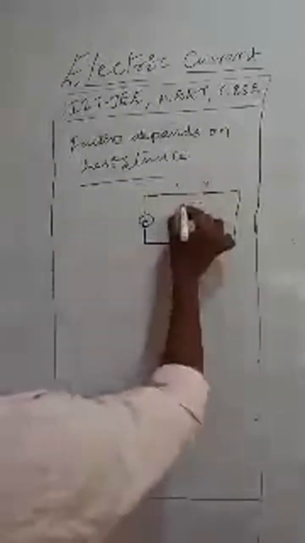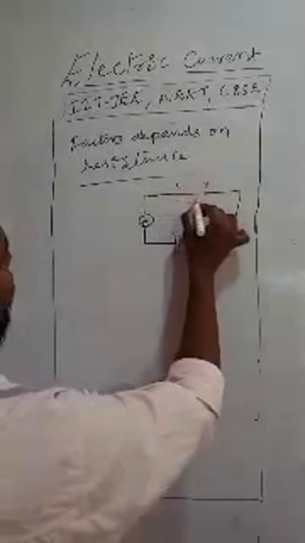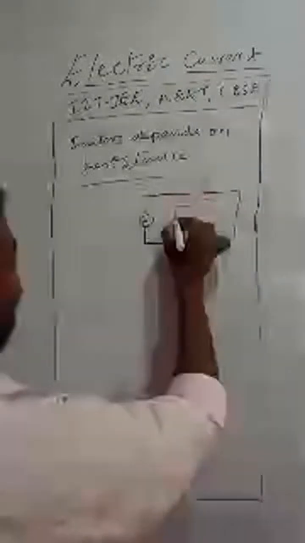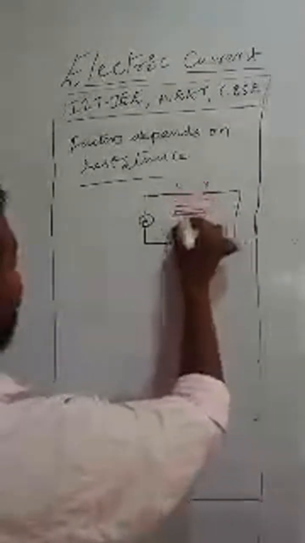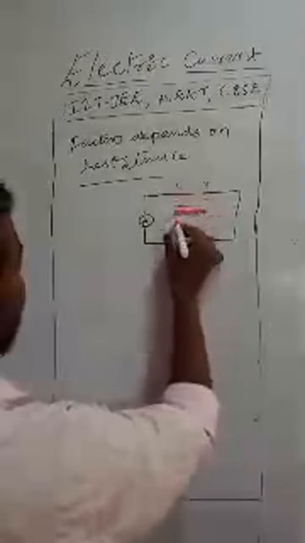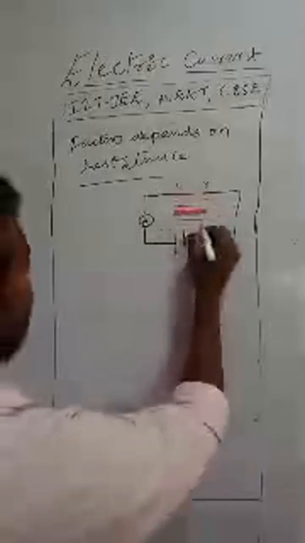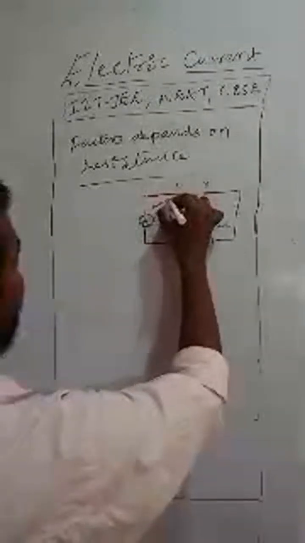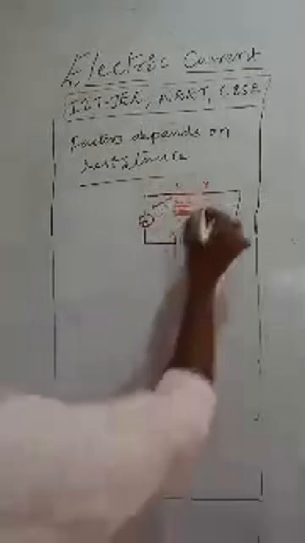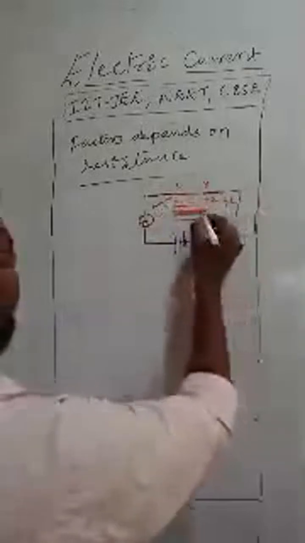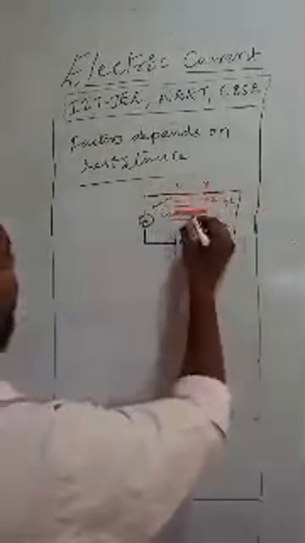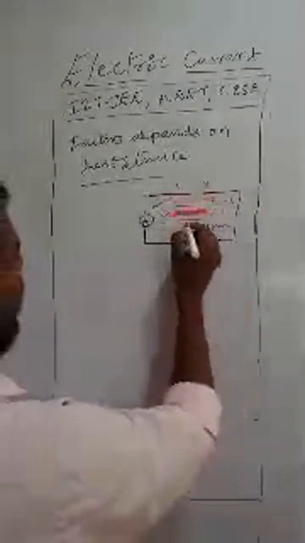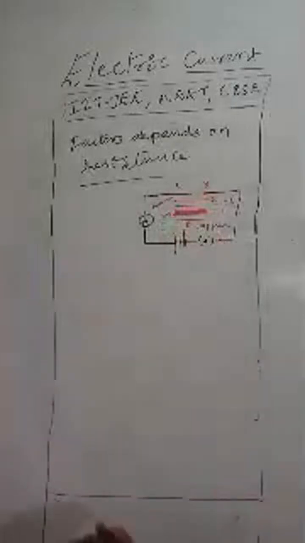Normally you take a nichrome wire of length L, and a nichrome wire of double length, 2L. Then a nichrome wire with double the cross section, 2A, at the same length L. Next, a copper wire of the same length L, but a different material.